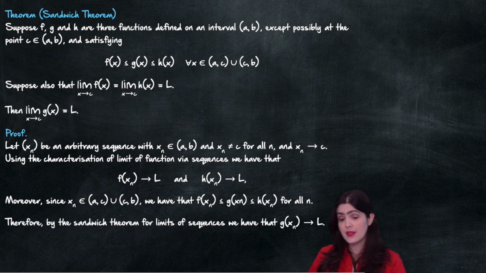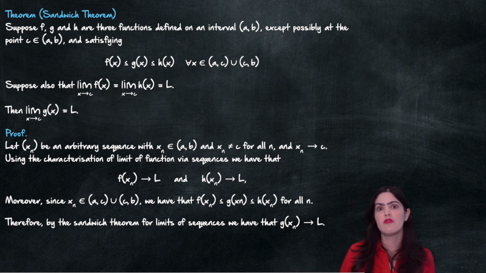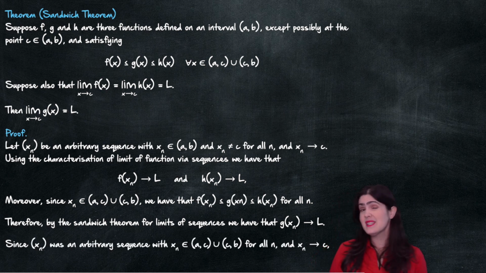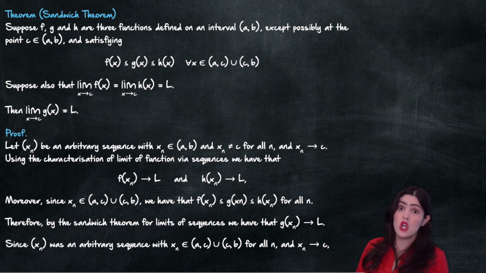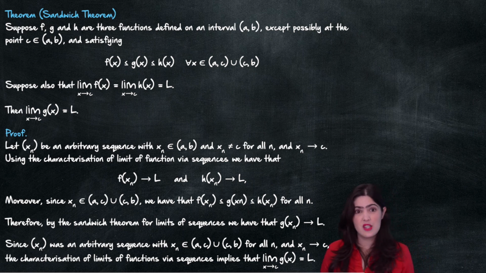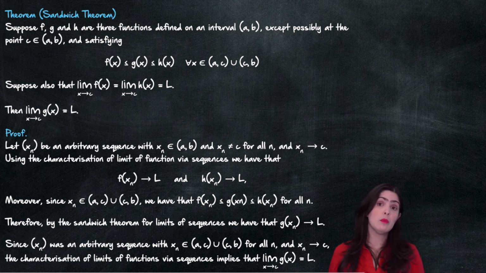So by the sandwich theorem for limits of sequences, we know that g of xn converges to L. But xn was an arbitrary sequence satisfying that xn converged to c and that the xn's were not c. So then, again by the characterization of limits of functions via sequences, we know that the limit as x approaches c of g of x is equal to L. And that completes the proof of the sandwich theorem for functions.